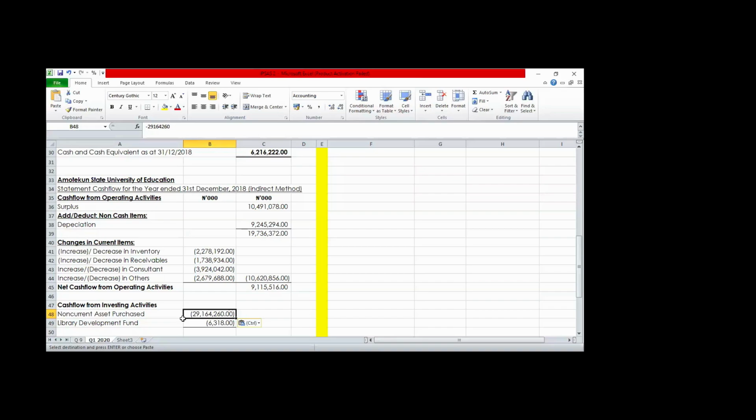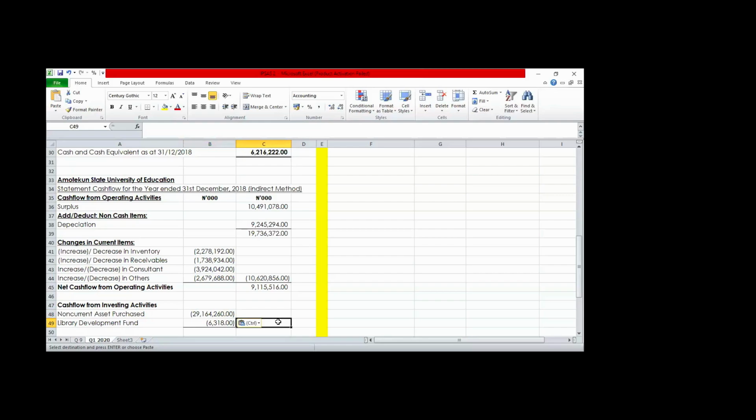That will give us this figure. Then this one will compare the library development fund, 2018 and 2019. If there is an increase, it means they have more development in the area of library. Then we look for the addition of these. Those are the two items we have. The third item does not have any change. It remains the same. That's why we do not consider that one.